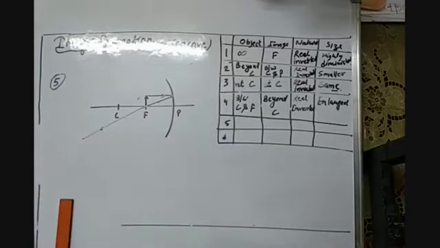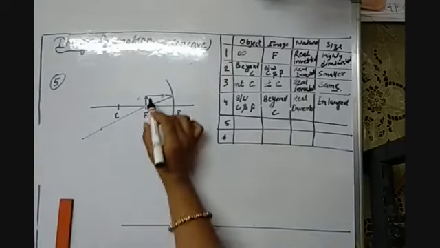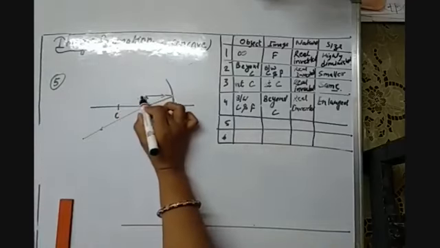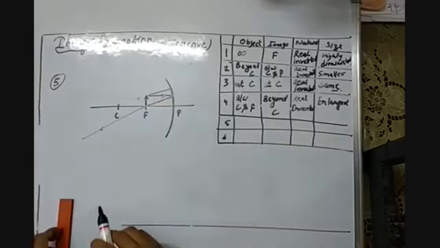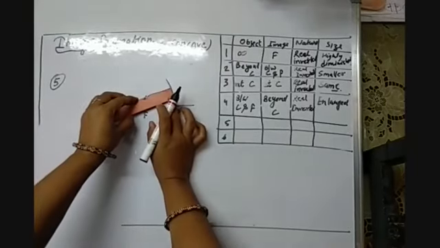The second ray will be in such a way that it comes from the center of curvature. So after reflection, it will retrace its path.